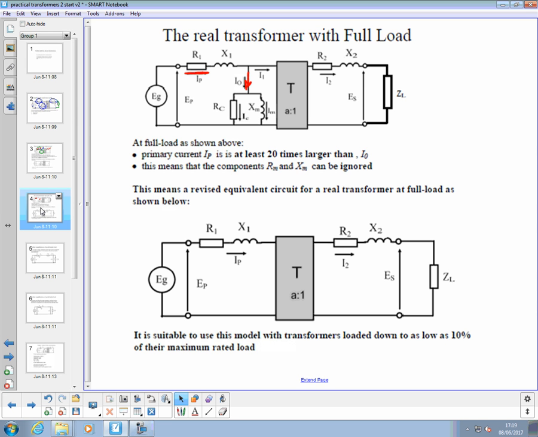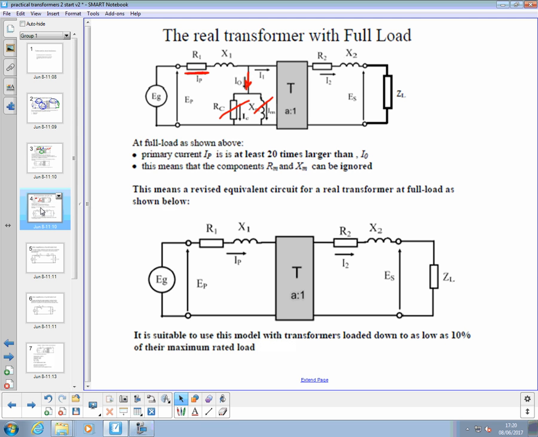So the current that's magnetising the core, the losses for the open circuit condition, are now negligible compared to the current that's flowing when the transformer's on full load. Okay, so what that means is on full load we can effectively ignore those two and have so little effect in the total result that we can forget about them.